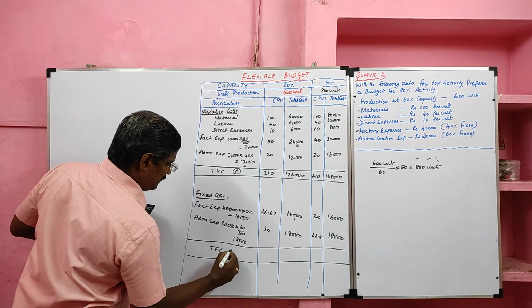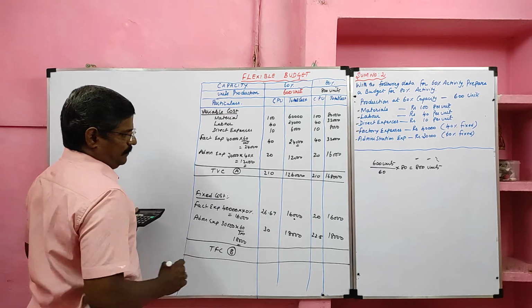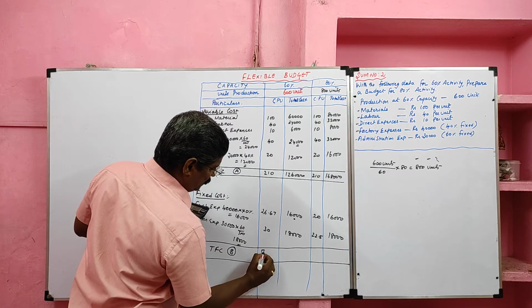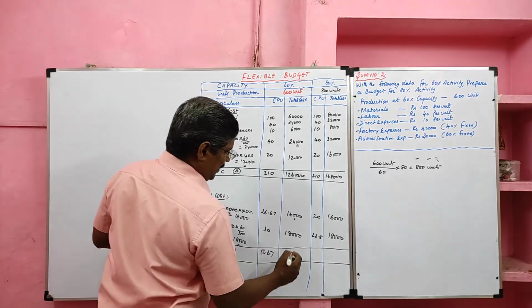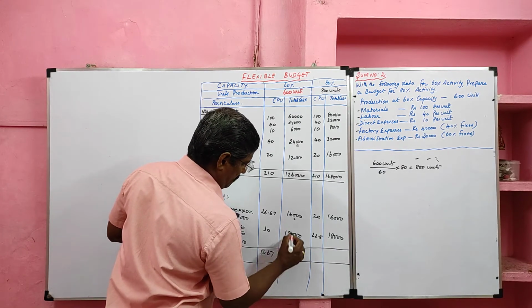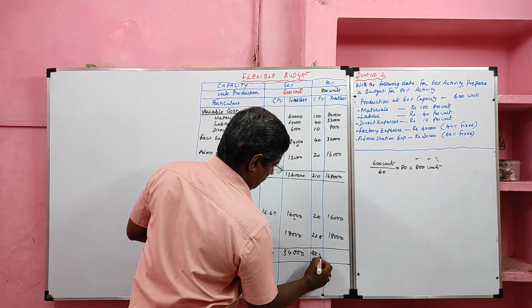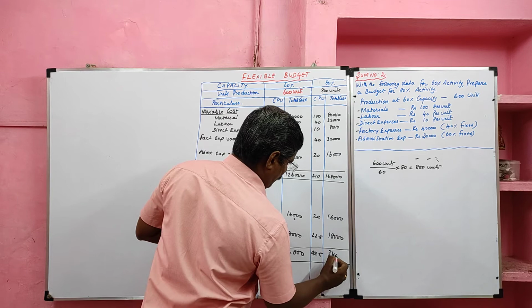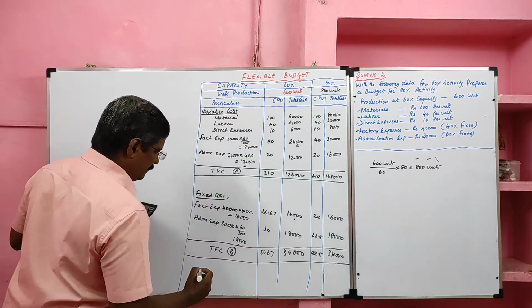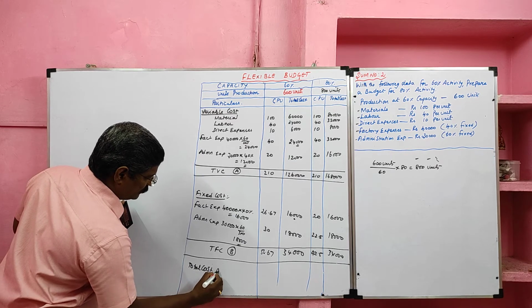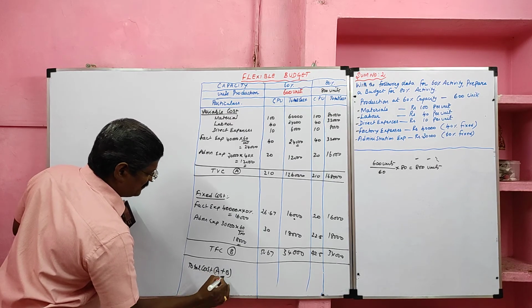Then we total the fixed cost, marked as B. We add the cost per unit of fixed cost: 56 rupees 67 paise at 600 units. Then we find the total cost, which is variable cost plus fixed cost.